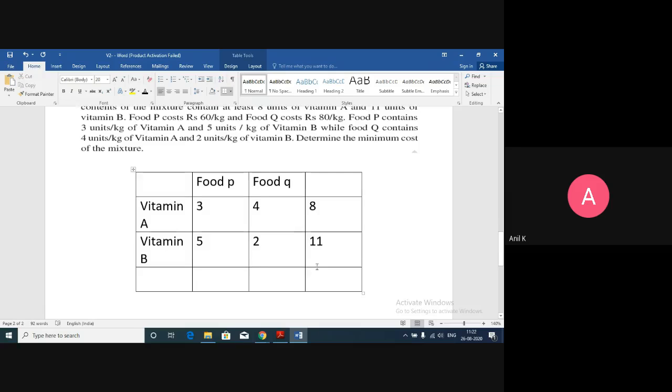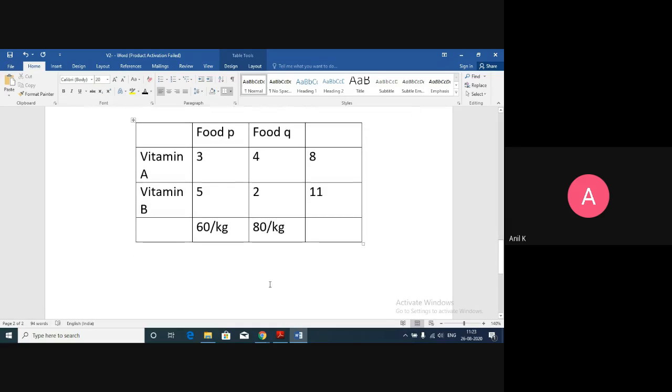The cost is 60 rupees per kg for food P, and the second one is 80 rupees per kg. You got the table? All 4 corners of the table will remain empty. You can keep it as it is, no problem.